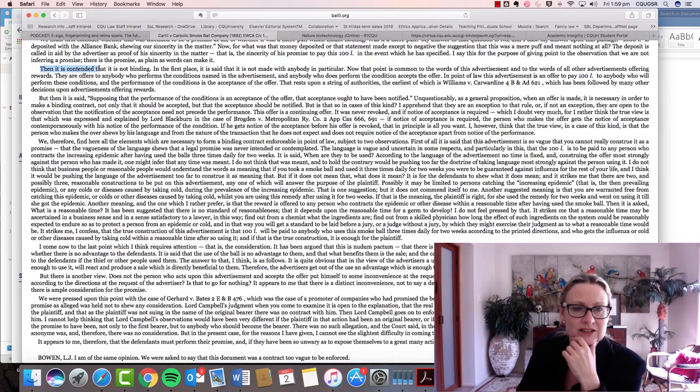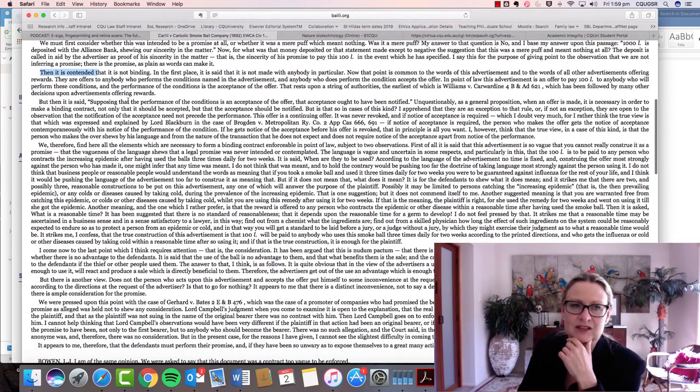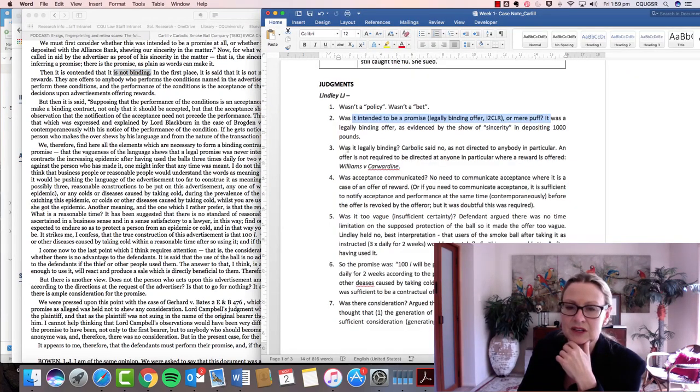Then it is contended. So can you see what I'm doing? I'm looking for words in the paragraphs that will flag for me what I need to quickly hone in on. Okay? The next point, is it binding? Is it not binding? All right? So then I've put that as my next issue in my case note.